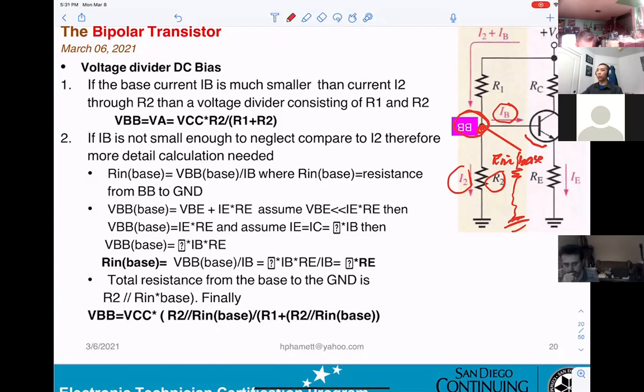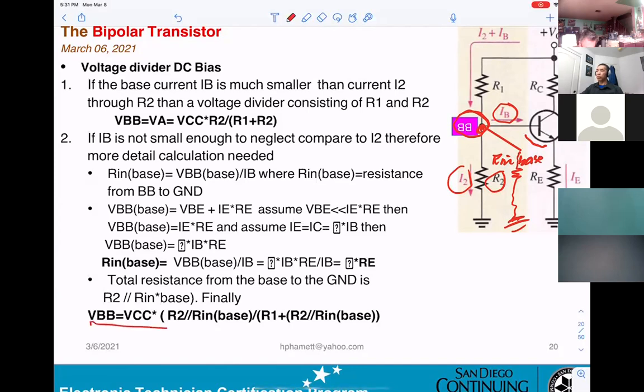So that's why you can calculate the VBB equal to IB times RE, and IB will be VBB divided by IB. The total resistance from the base to the ground is R2 in parallel with R in base. And the formula, now you can see the difference. This is the formula.